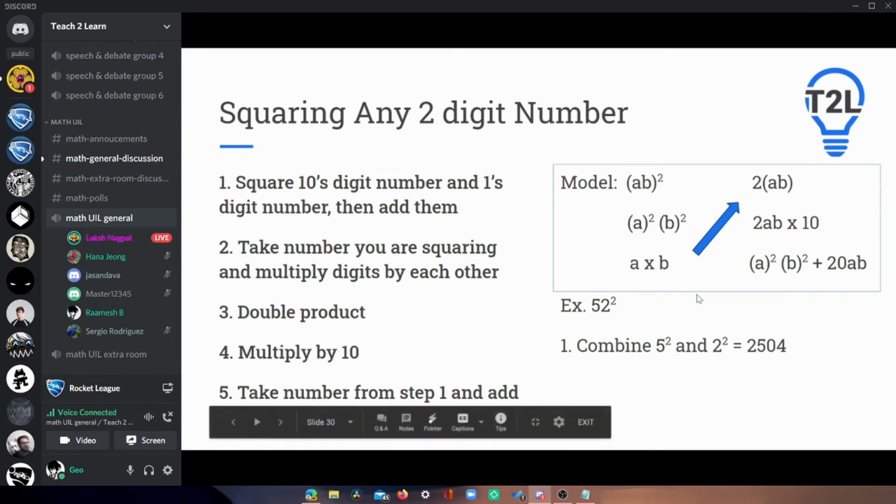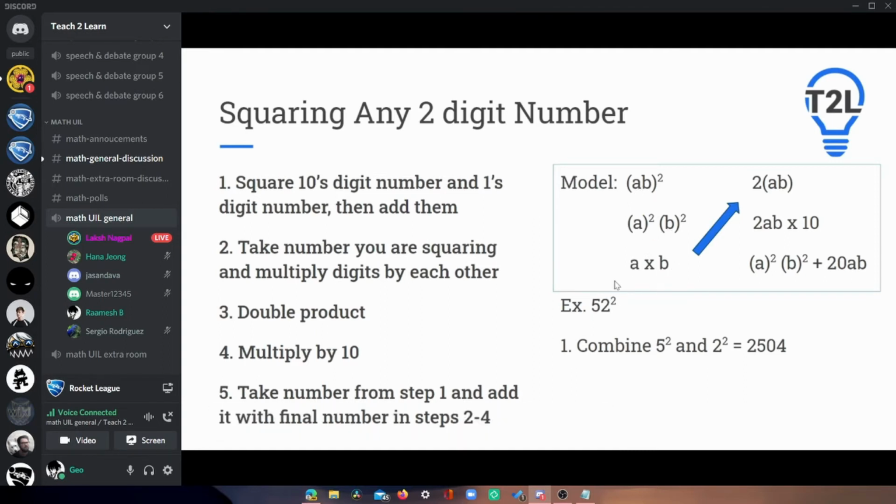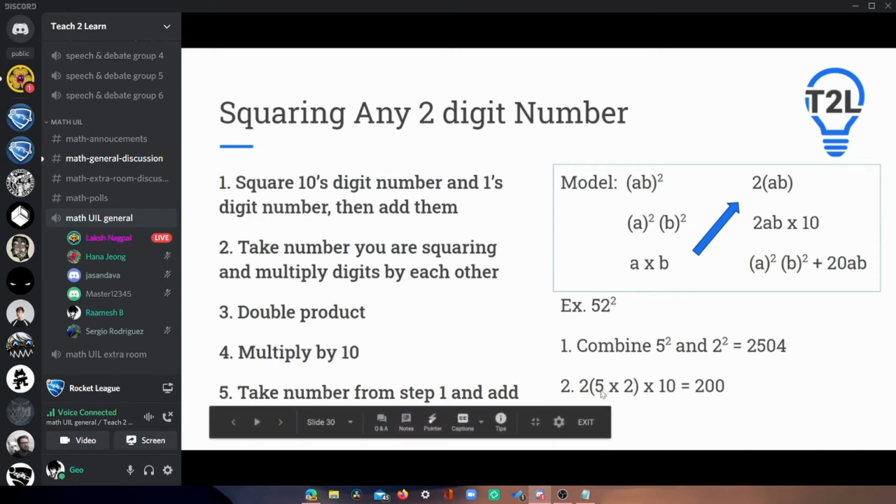Next, to get the second part of the answer, you want to take the numbers A and B, so not the squares, but just the original A and B values, and multiply them together. With 52, you have 5 and 2, so multiply 5 and 2 together to get 10. And then you want to double it, so that's 20, and then you multiply by 10, and that's 200.